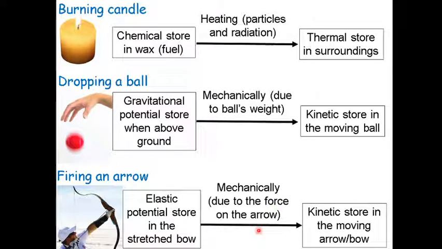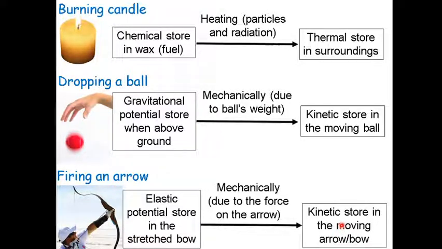Energy is transferred mechanically because it's to do with the force being exerted onto the arrow and onto the elastic. That will then get stored as kinetic in the moving bow or the moving arrow. Whenever an object's moving, you've got energy stored as kinetic.